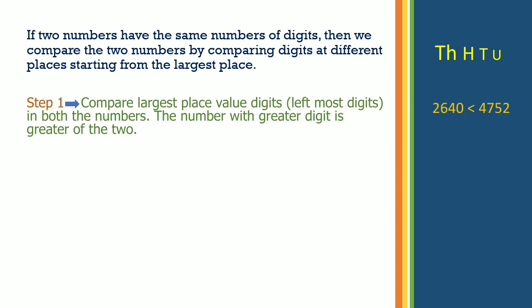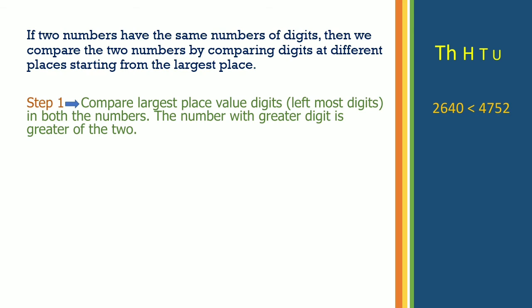For example, we see here two numbers are given, 2640 and another number, 4752. We will compare the largest place value, that is 2 and 4 at the thousands place. In the first number the thousands place has 2, and in the second number the thousands place has 4.